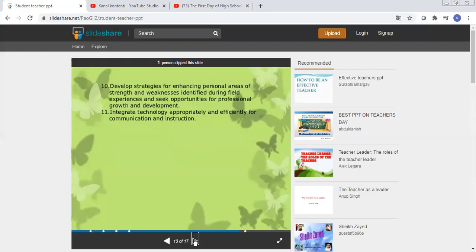Develop strategies for enhancing personal areas of strengths and weaknesses identified during field experiences and seek opportunities for professional growth and development. Integrate technology appropriately and efficiently for communication and instruction.